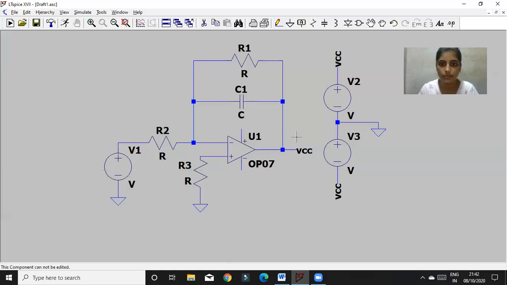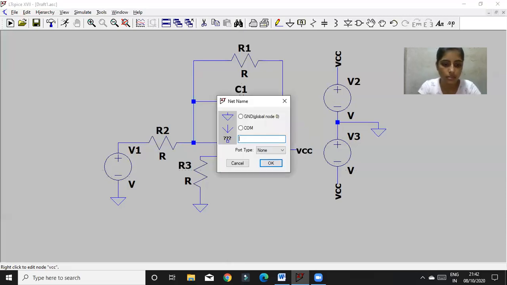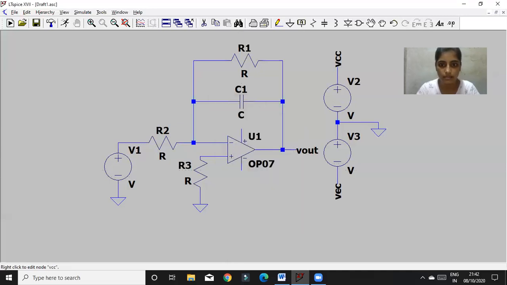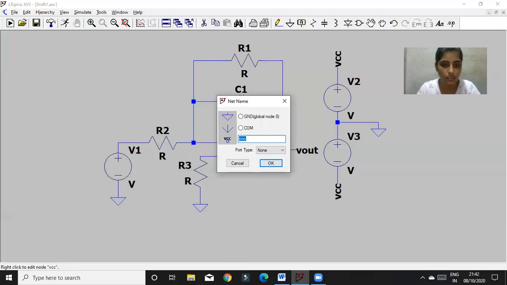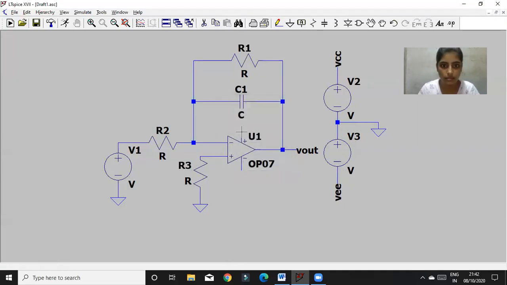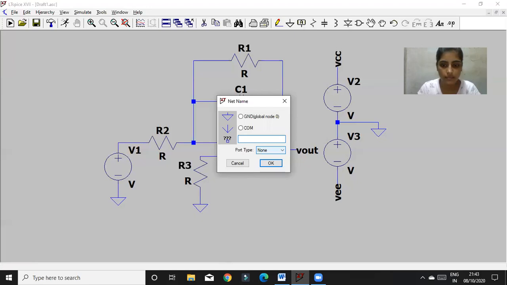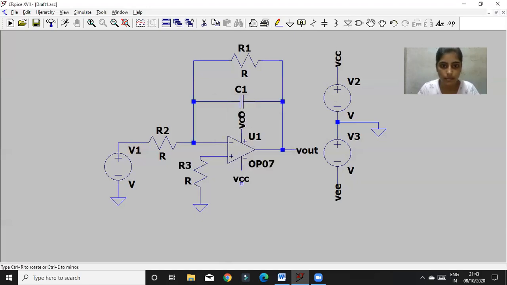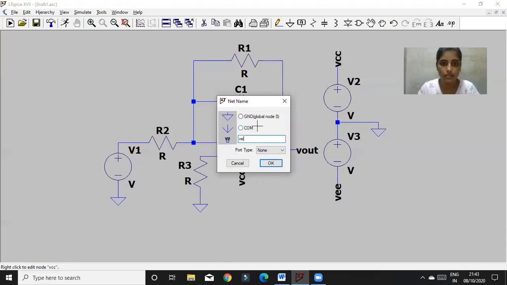So this is my Vout, this is my VEE, this is my VCC, and this is my VEE. So I labeled it here.